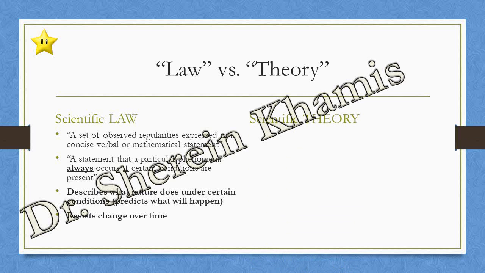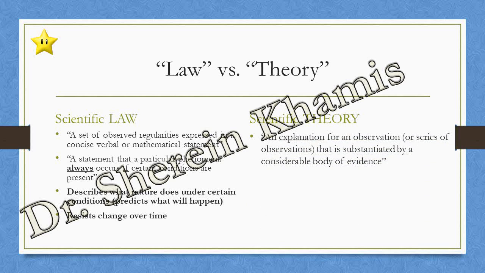Another one here we have the theory. What is the meaning of scientific theory? It's an explanation for an observation or series of observations that is sustained by a considerable body of evidence.